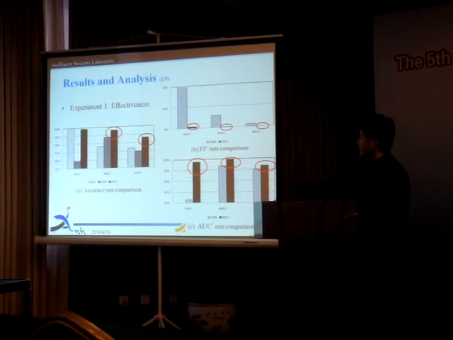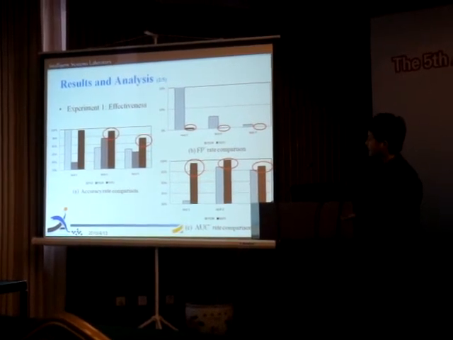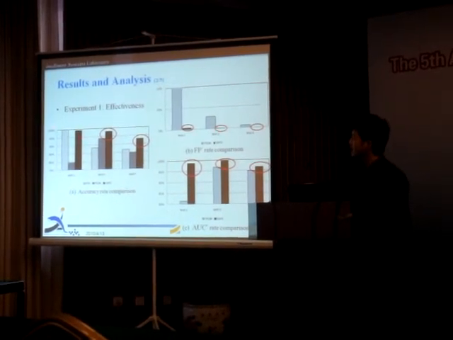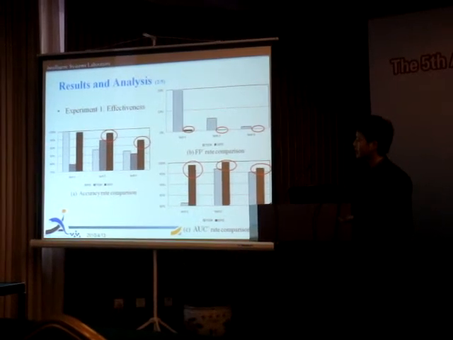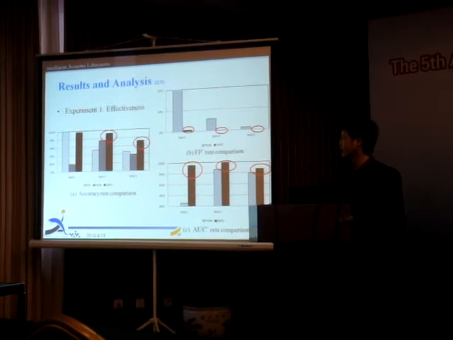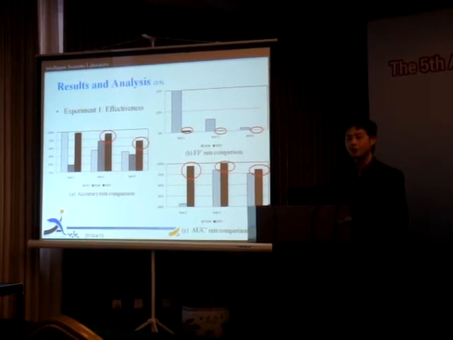In these figures, you can see the black one is our proposed method. In test one, we are slightly lower than the NDS paper's method, because we did not redo their experiment as we do not have their source code.